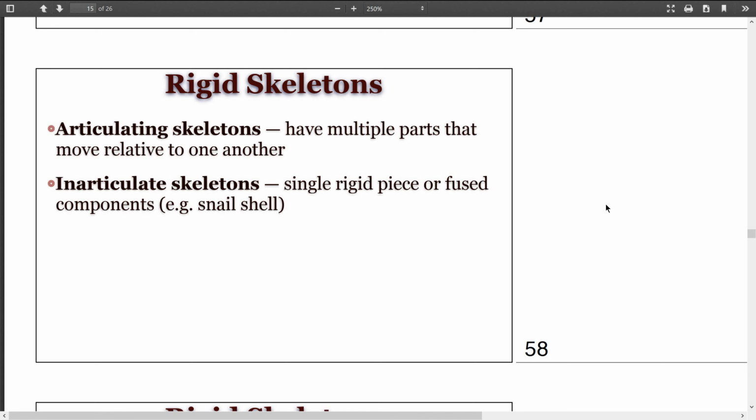So a snail shell, for example, would be an inarticulate skeleton, and the jointed legs of an arthropod are obviously articulating skeletons. A sea urchin tusk, because it derives from multiple pieces that are fused together into a single tusk, would be inarticulate. But the skeleton of a sea star, for example, is multiple pieces that move relative to one another, and so that would be an articulating skeleton.